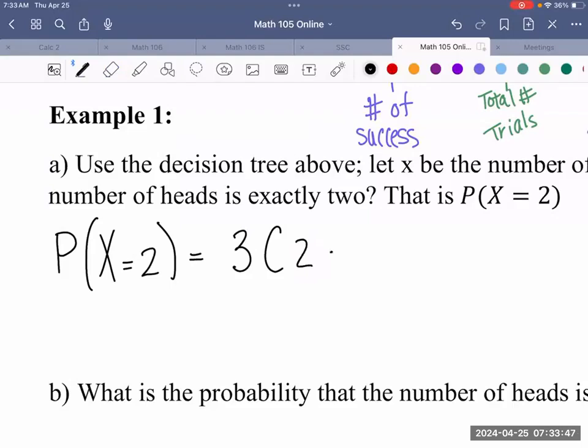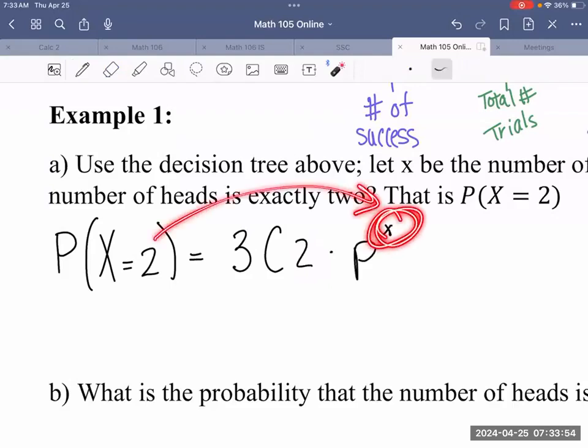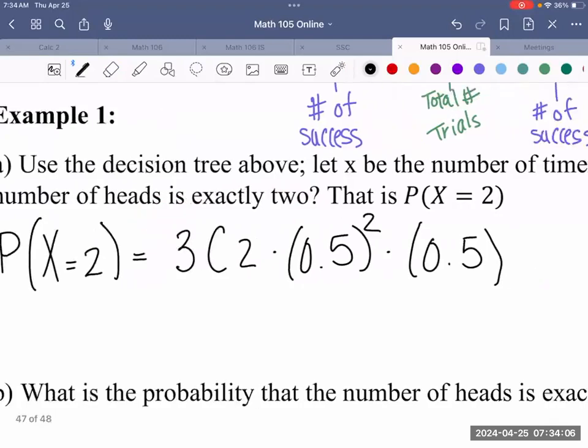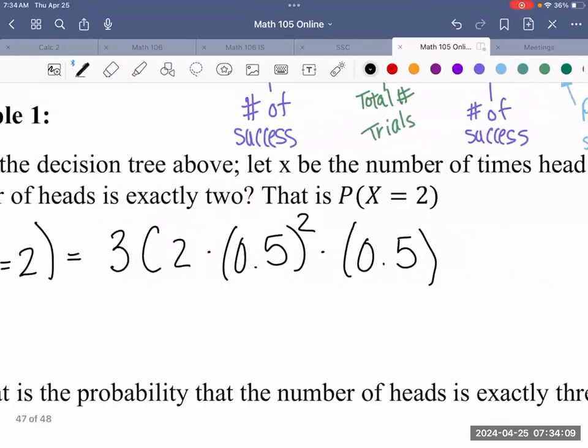Times the probability of success raised to the second, being the number of successes. So coin tosses are 1/2 raised to the 2, times the probability of failure, also 1/2 raised to the 3 minus 2, which is 1.